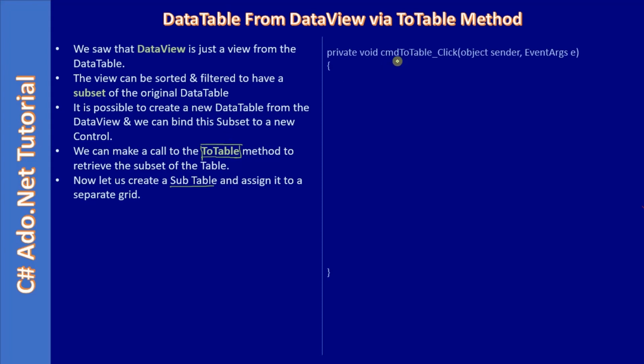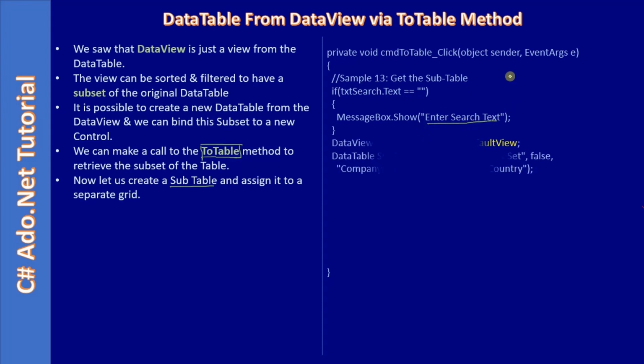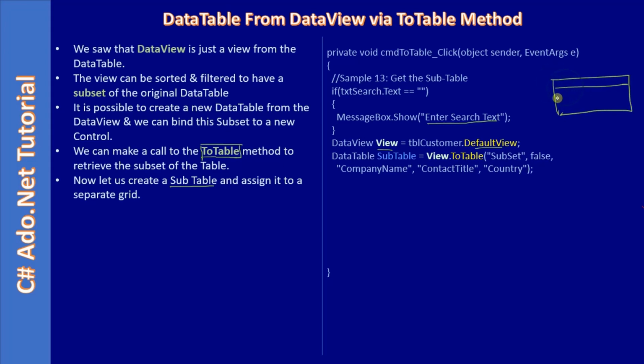Here, if you see, this is the click event handler for ToTable, and we are checking whether the search text is valid. If the search text is empty, we are asking the user to enter the search text. Next, from the table customer, we are retrieving the data view. So let's say this is our parent data table.